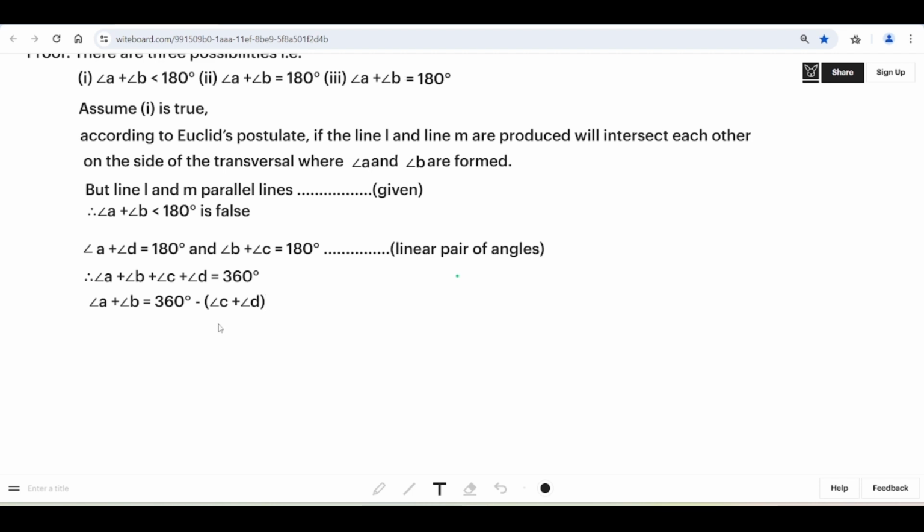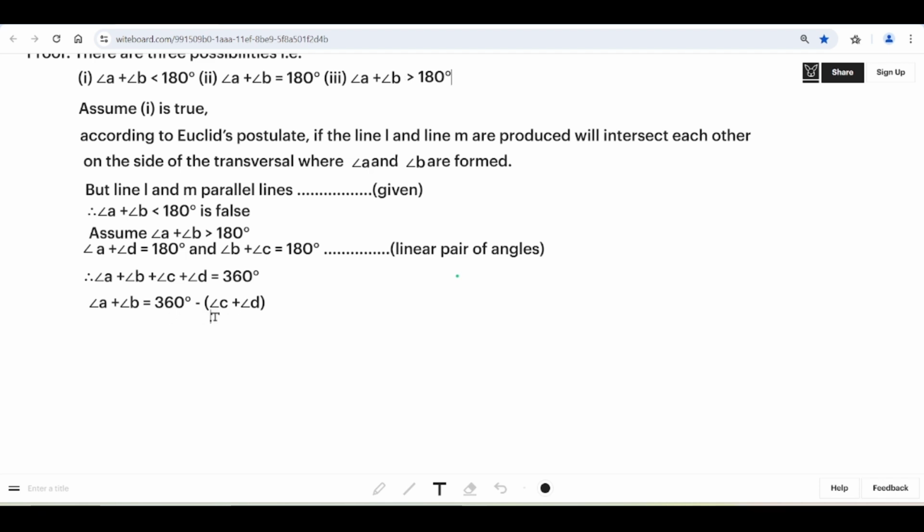Now, we are considering that angle C plus angle D is greater than 180 degrees, which was our consideration. So according to our assumption that angle A plus angle B is greater than 180 degrees, similarly angle C plus angle D will also be greater than 180 degrees.